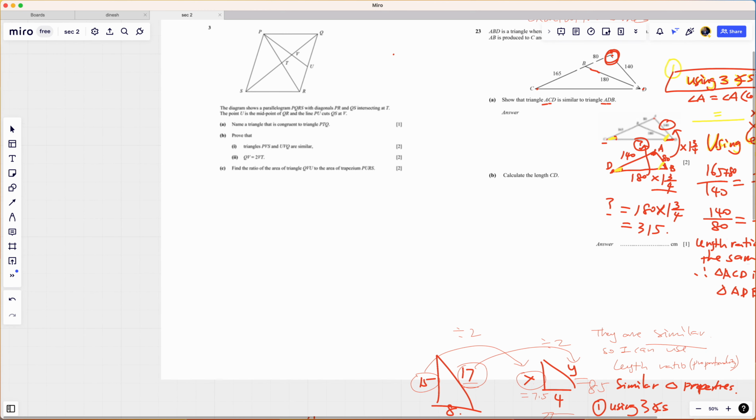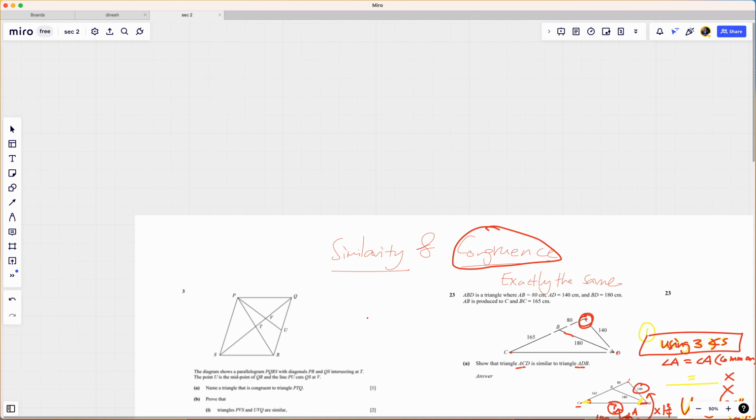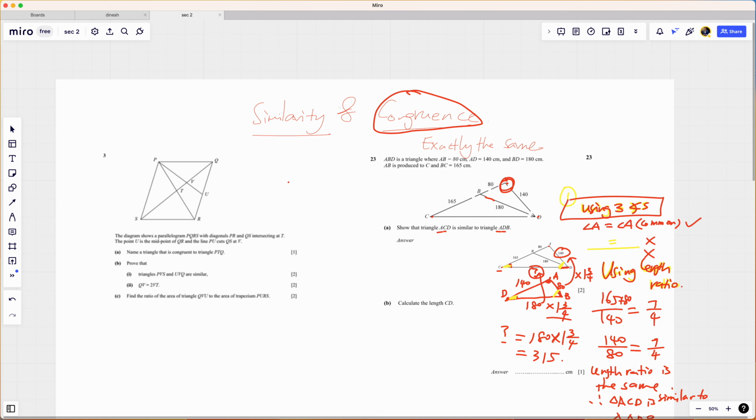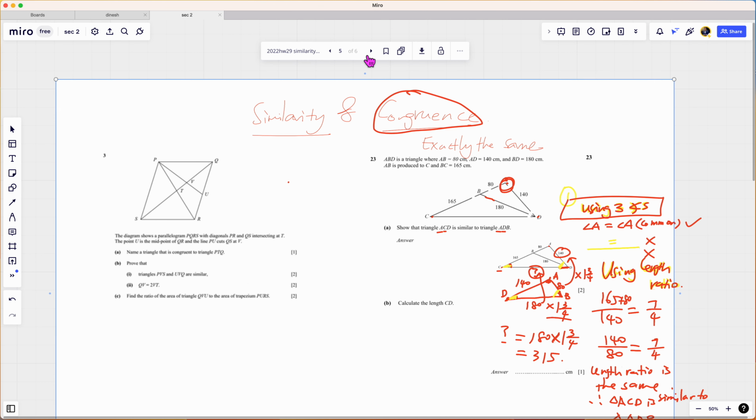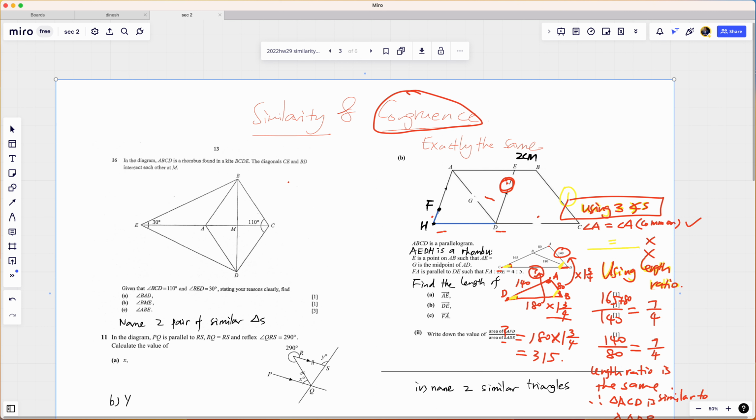Because your question seems to be quite easy. Okay, over here, they say question 3. You can go back to the question. Oh, congruent. No, don't do congruent. We do similarity first.